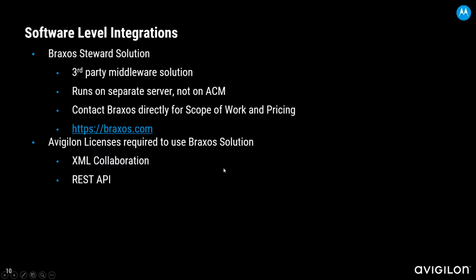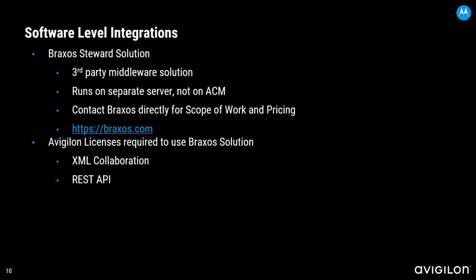Okay, one of the types, I kind of saved this for the end. I mentioned before there is the possibility of doing software level integrations with elevators. Typically that comes in with things like destination dispatch. Hopefully at some point in the future, we'll be able to offer destination dispatch through the 4502. But there's also another solution.